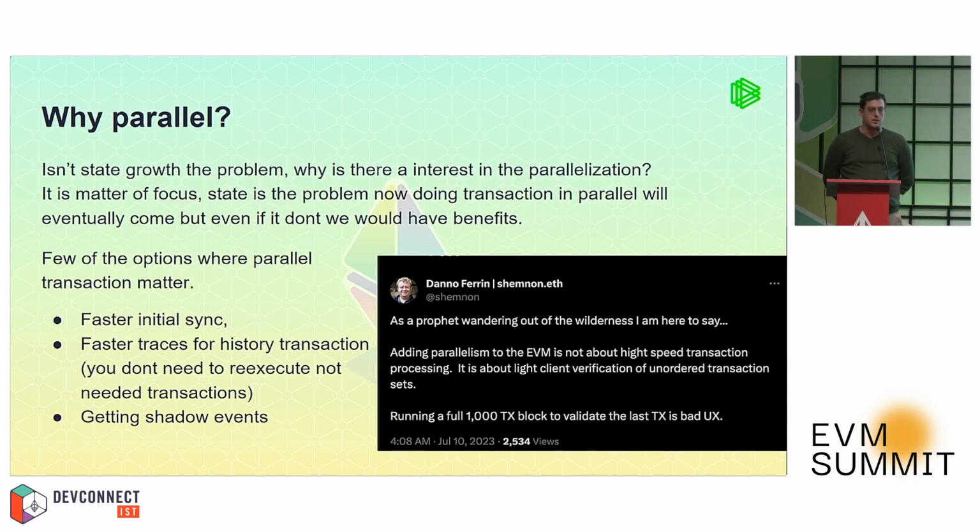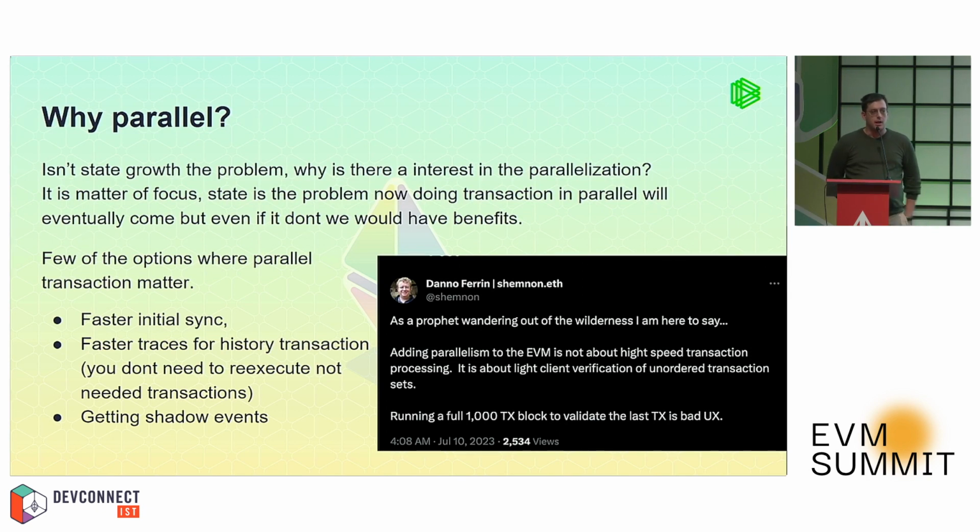So why parallel? The question that I got here is, isn't the state the problem? Yeah, it is. And that's the problem that we need to focus on. But focusing on parallel is something that will come eventually. It's something that even if we don't include in the protocol, we can reuse. A few examples are faster initial sync, basically cutting some time on that.